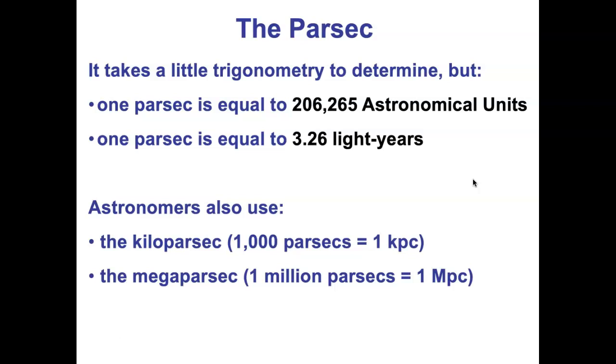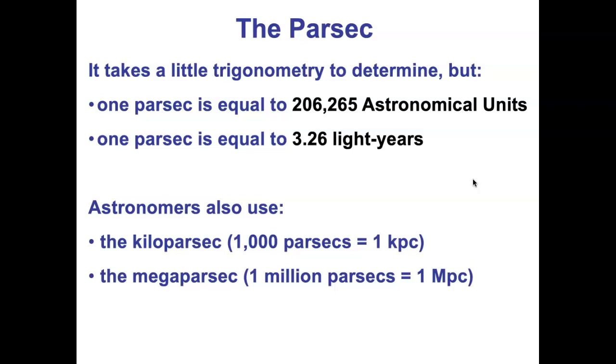If you start talking about far away stars that are thousands of parsecs away, then instead of inventing a new unit of distance, we'll just start using metric prefixes. So if you've got a star that's 10,000 parsecs away, you could shorten that to 10 kiloparsecs, where kilo means 1,000.